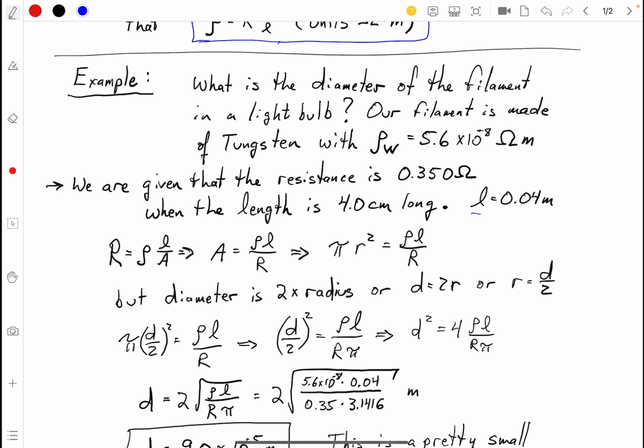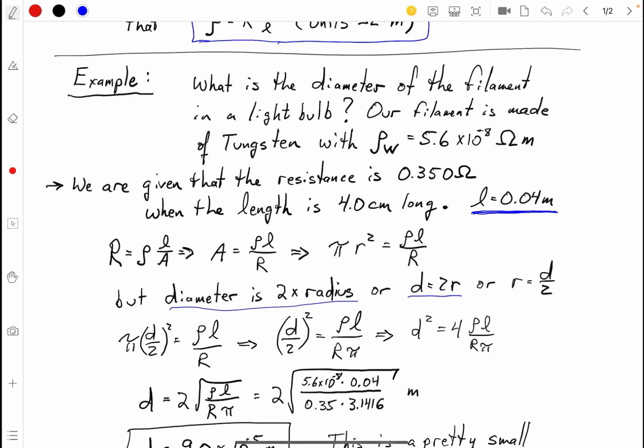So I'm just going to convert that length to meters. We always want to use SI units, so put it in terms of your SI units. So we've got our meters, and we want to know what the diameter of this thing is. Okay, so a diameter is 2 times the radius. So here's our equation, D equals 2 times R.